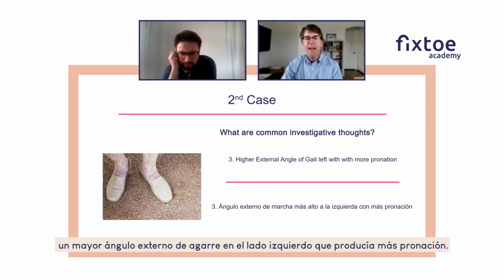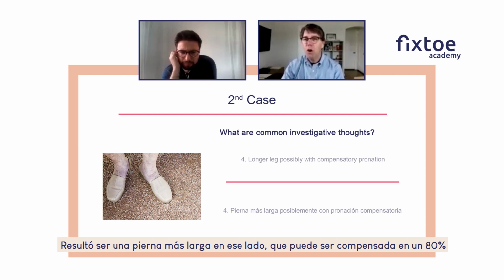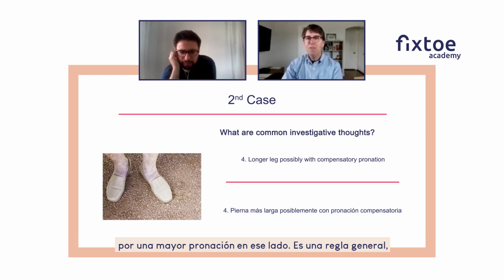This patient had a higher external angle of gait on the left side, which was producing more pronation. It turned out it was a longer leg on that side, and about 80% of long legs compensate by more pronation on that side.